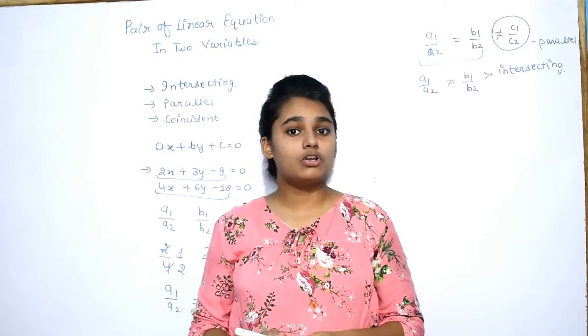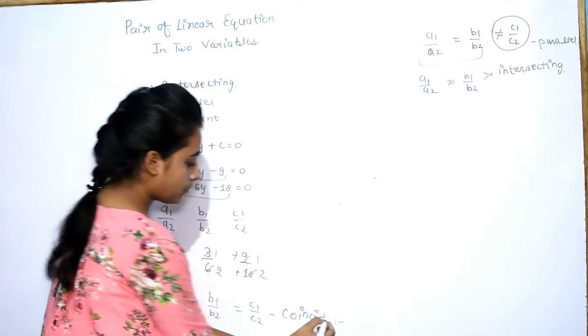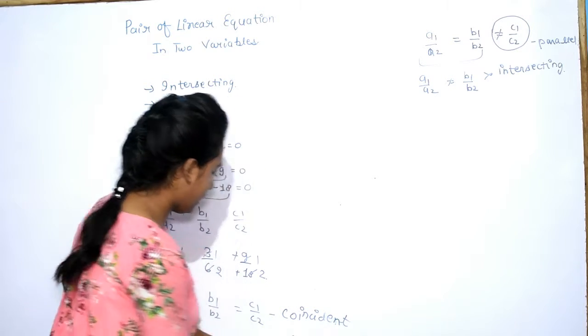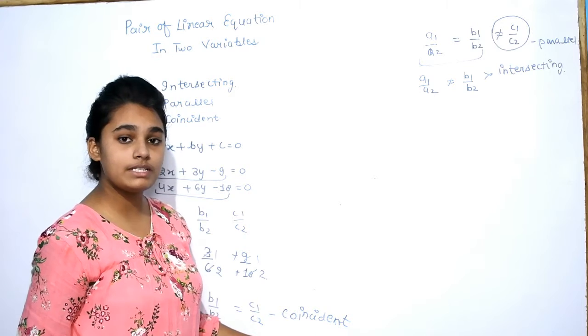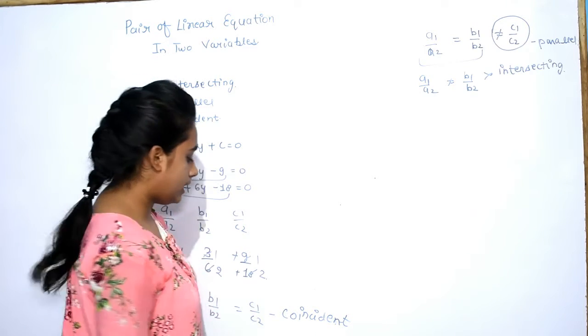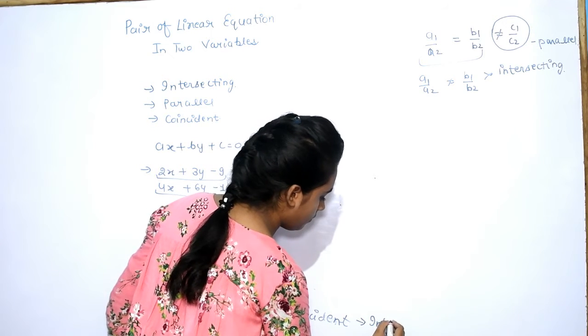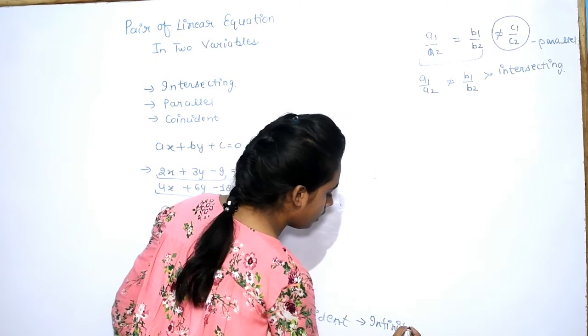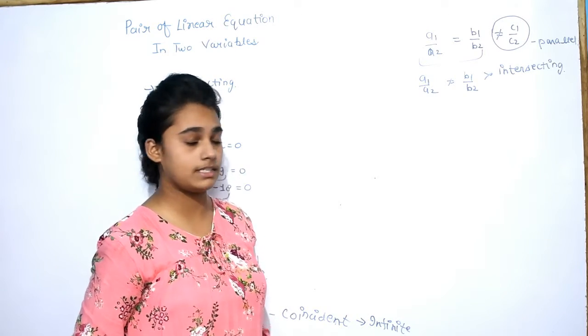Now what about the solutions? If we have a coincident line, and I have told you the condition of a coincident line, then always remember that our solution will be infinite. Means if we have a coincident line, then we have infinitely many solutions for this equation.